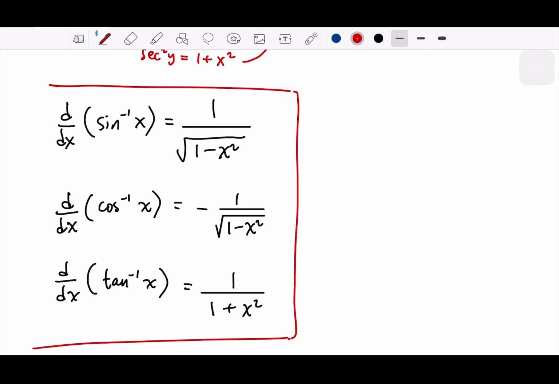The other ones, like the secant, the cosecant, the cotangent, eventually you can get those expressions if you know the sine, cos, and tangent. So that will be 3.6. Okay, so all of the logarithmic and inverse is 3.6.